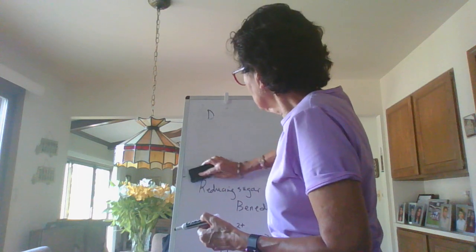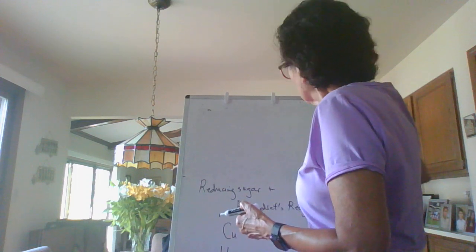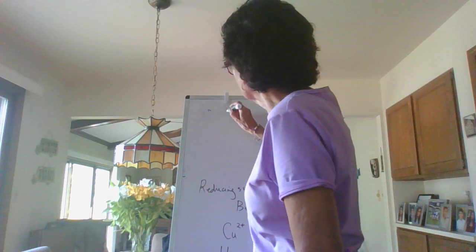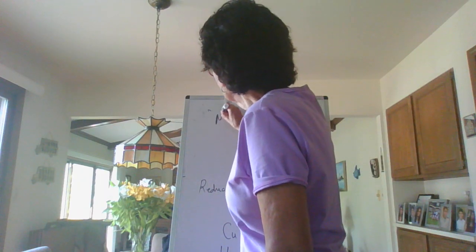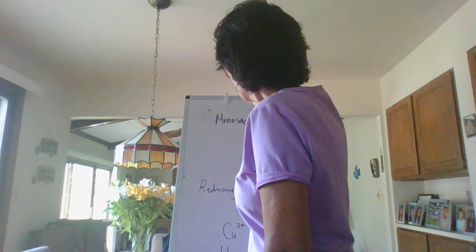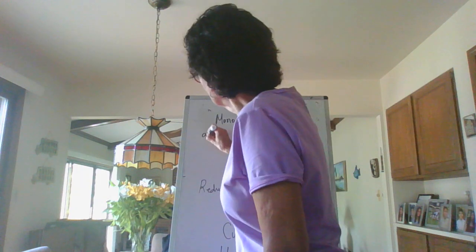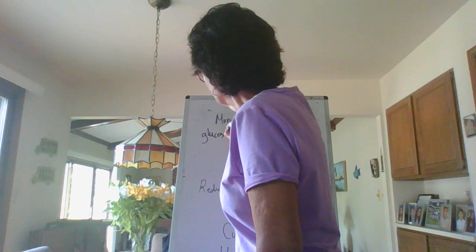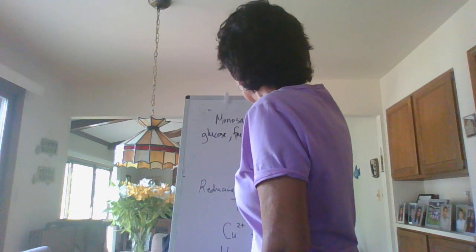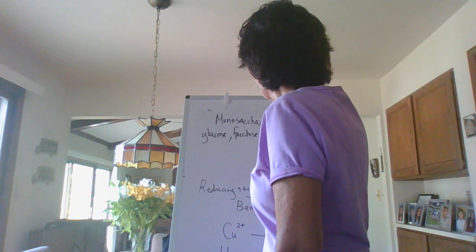I'm going to get rid of the digestion and talk now about reducing sugars. What is a reducing sugar? Reducing sugars are all the monosaccharides. So basically, glucose is a reducing sugar. Fructose is a reducing sugar. Galactose is a reducing sugar.